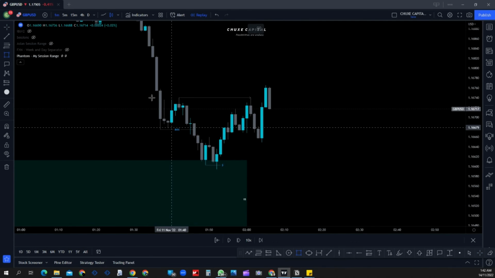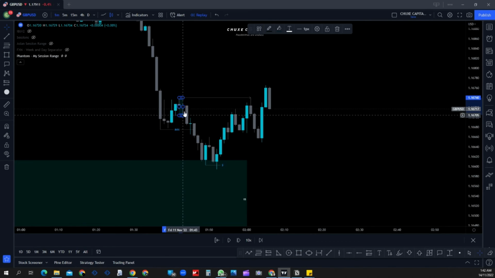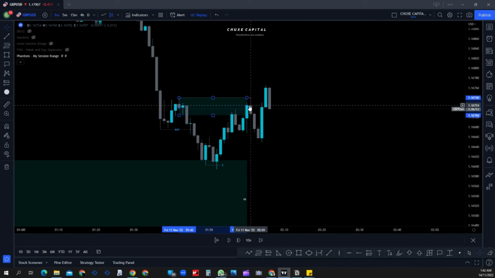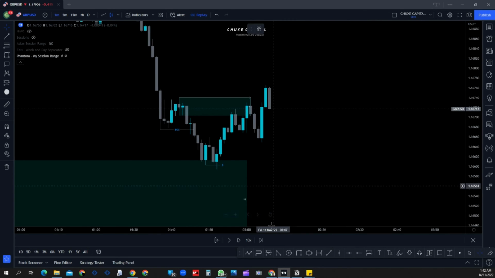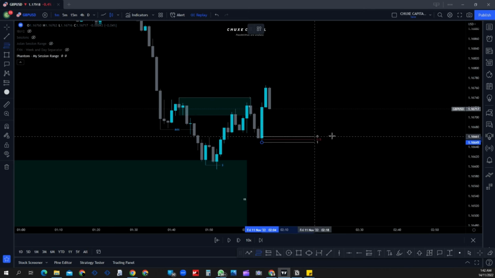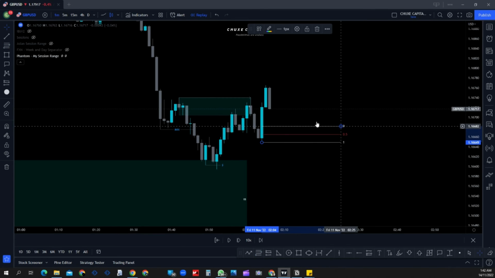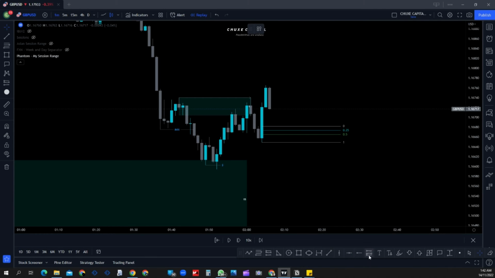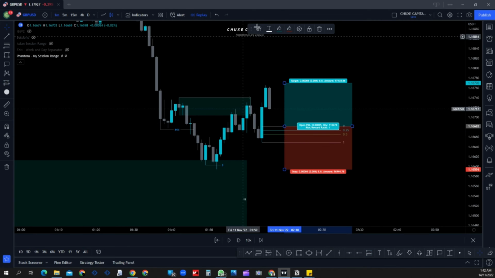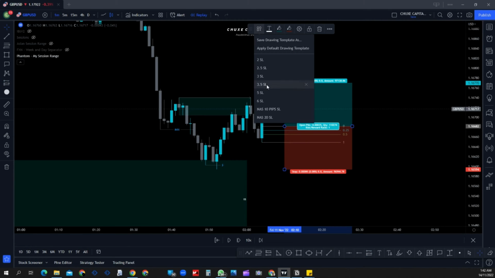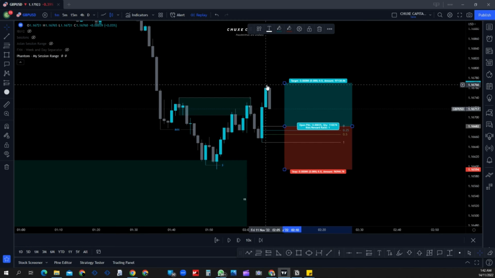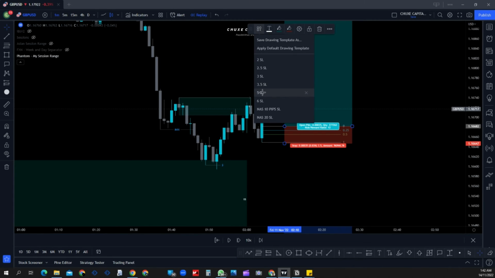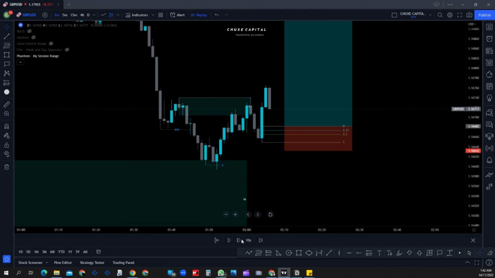Okay, this can be classified as a V-shaped recovery thing. So we have this 1 minute, then we have this, and 3 OB. So we can set this. Okay, so let's see.